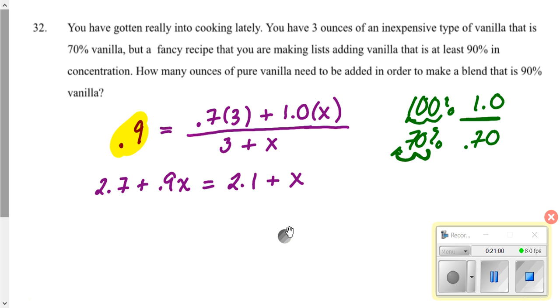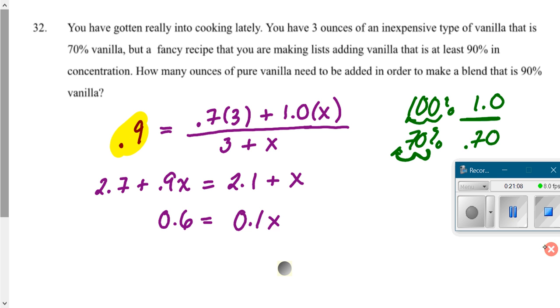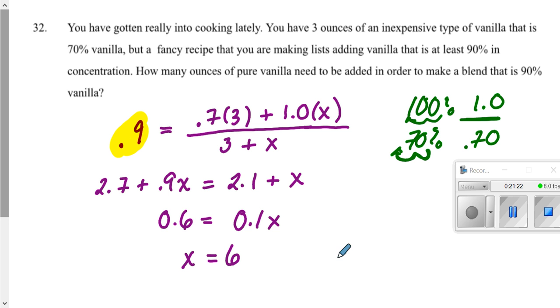Okay, multiply both sides by 3 plus X. Gather the X's, gather the non-X's, and solve. Now, if you weren't sure if you were right, you just test it out in the question, right? So if I add 6 ounces of pure vanilla, wow, that's a lot, then I would have 9 ounces of fluid, right? Because that's what this bottom part is.